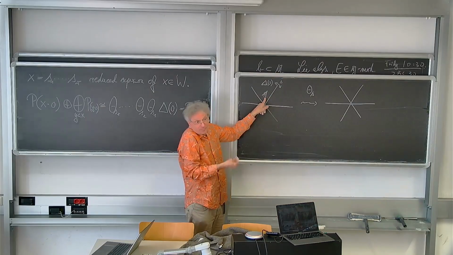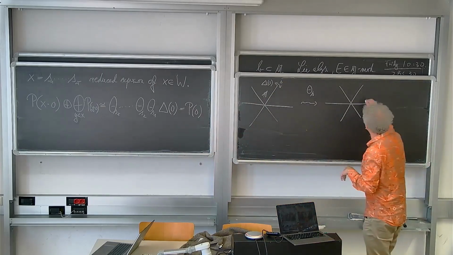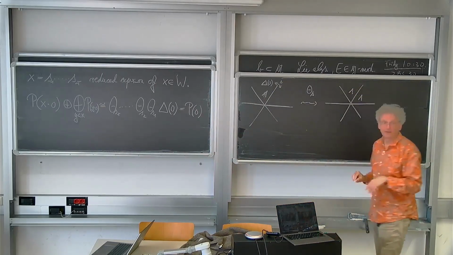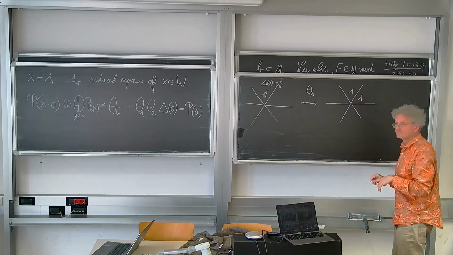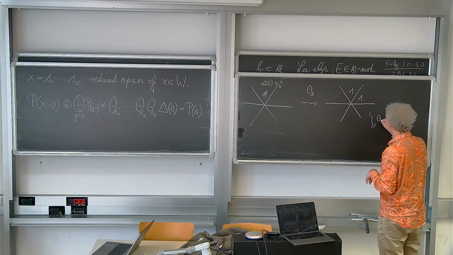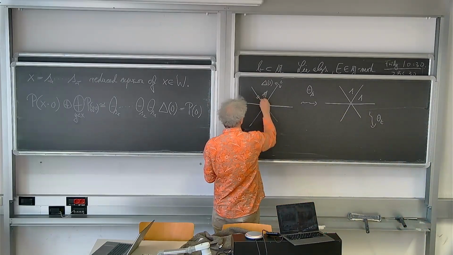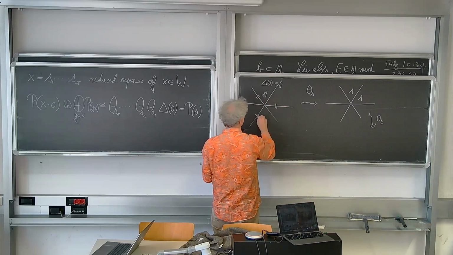Okay, here now it's not polynomials, unhappily enough, it's just numbers. So if I apply theta S, well, then it's a 1 here and a 1 here. And if I apply again theta T, say, okay, now I have to be a bit careful with the walls.